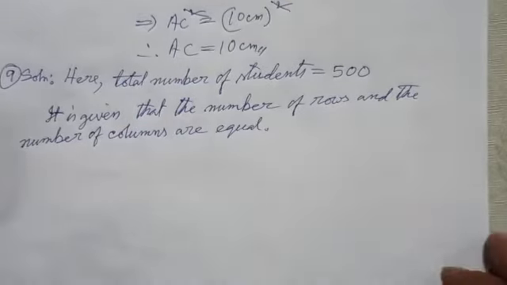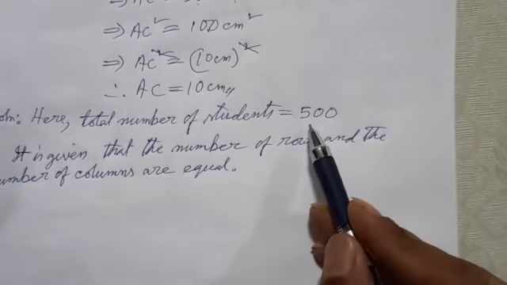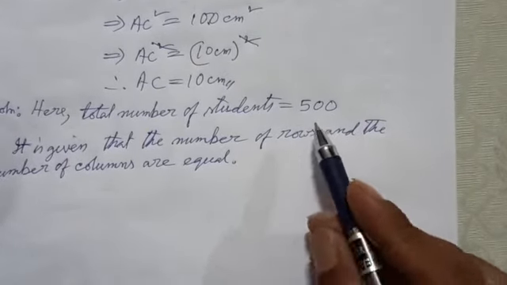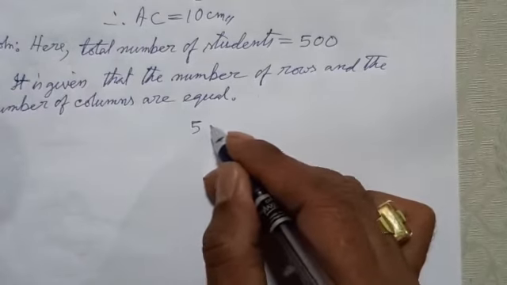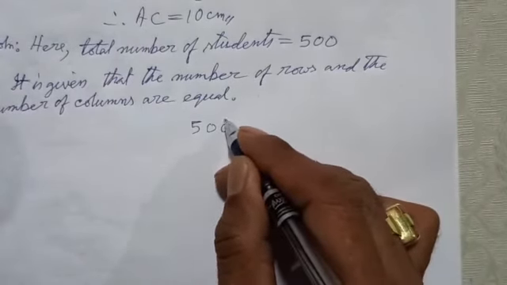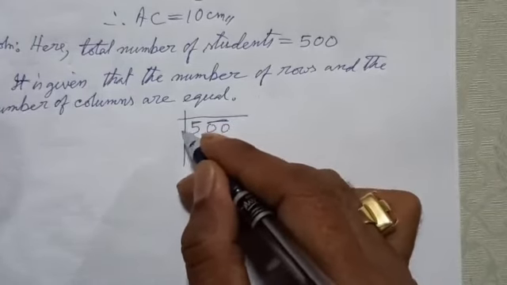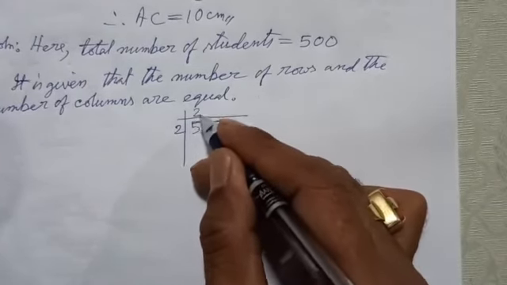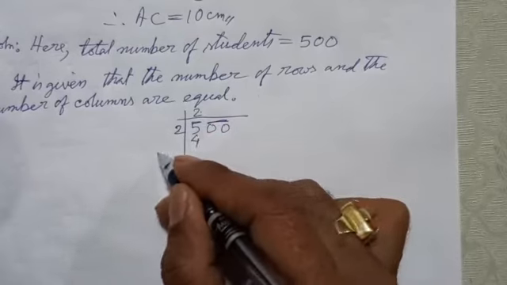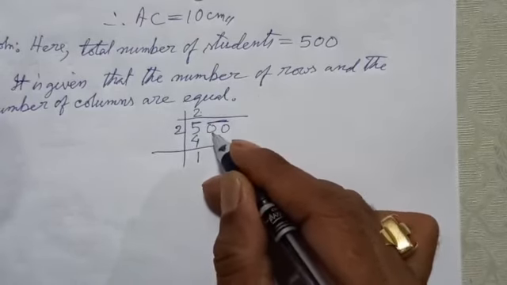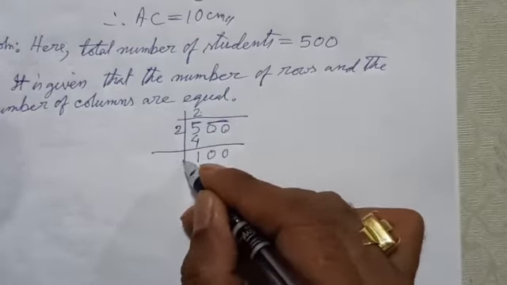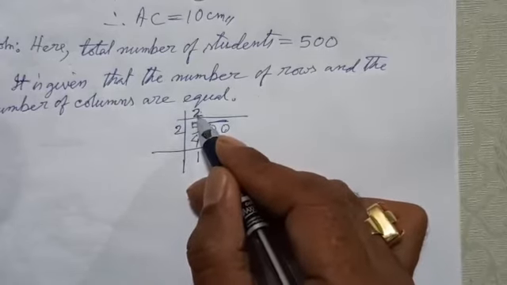Now let's find out the square root of 500 by using the division method. Put a bar here, one line. First take 2 times 2 is 4. If we subtract, then 0 are kept down here. According to the rule, this number 2 will be multiplied by 2. 2 times 2 is 4.